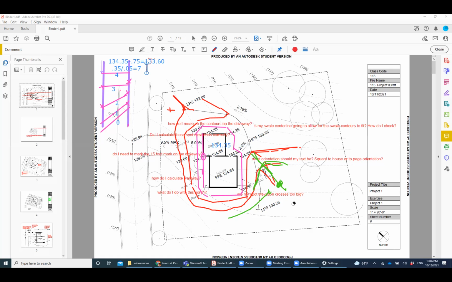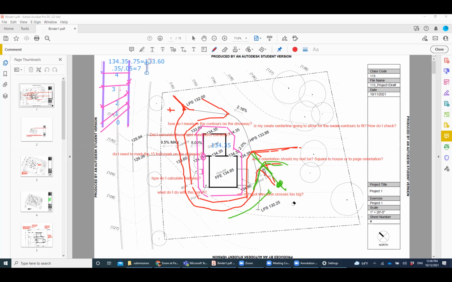So that's not a hard rule, but that was a good place to start our last exercise. Yeah, that's what I was thinking. I was nervous about putting my swale center line out like this, but because of the existing contours and how they work to my advantage, I thought it would be okay. And that is true.